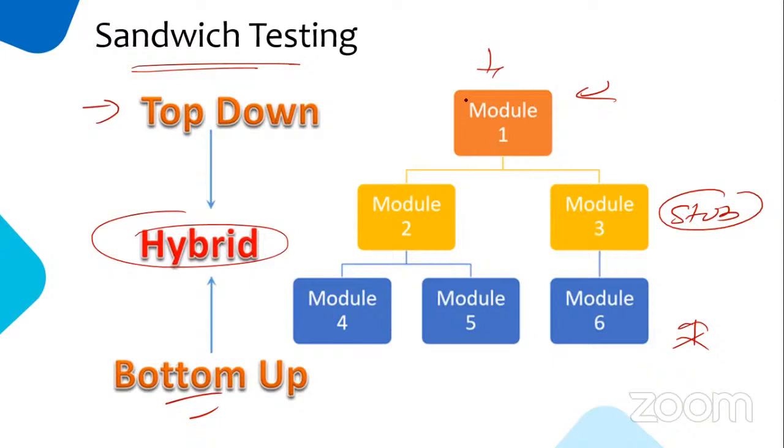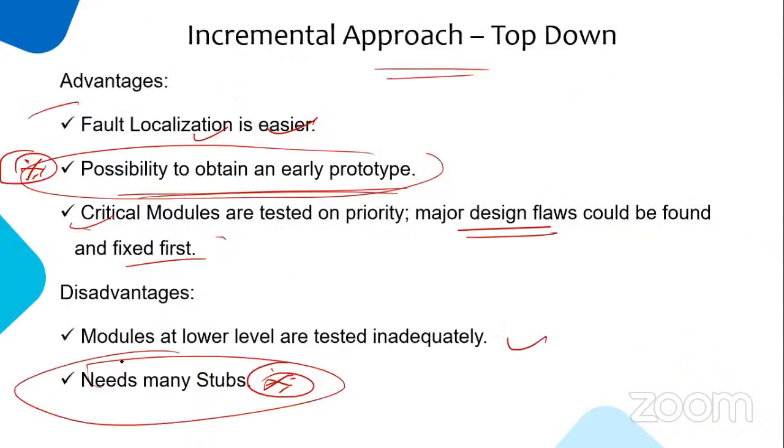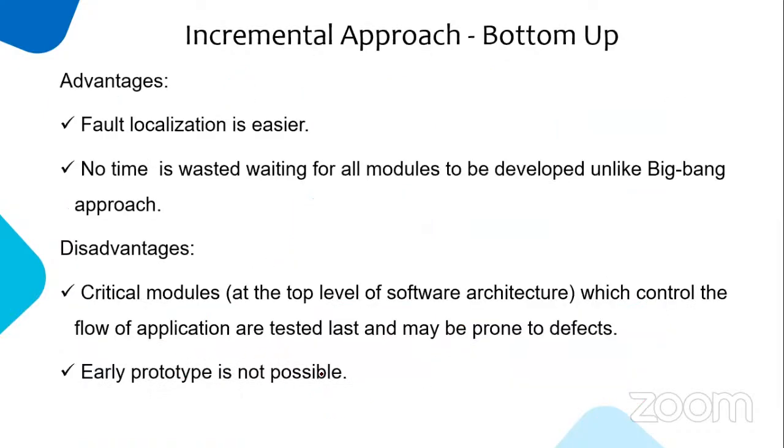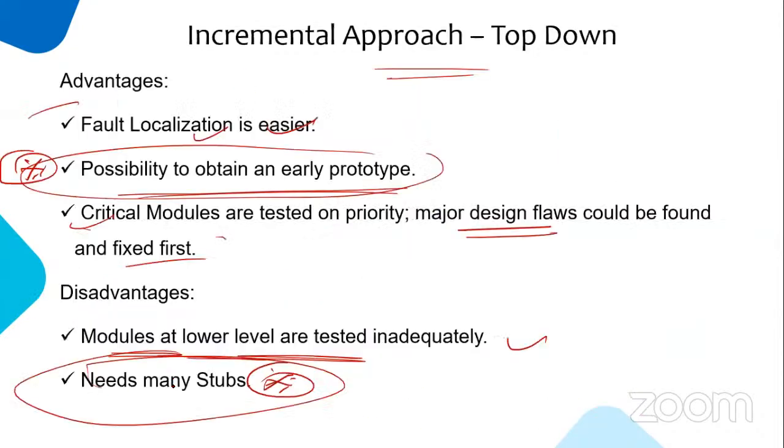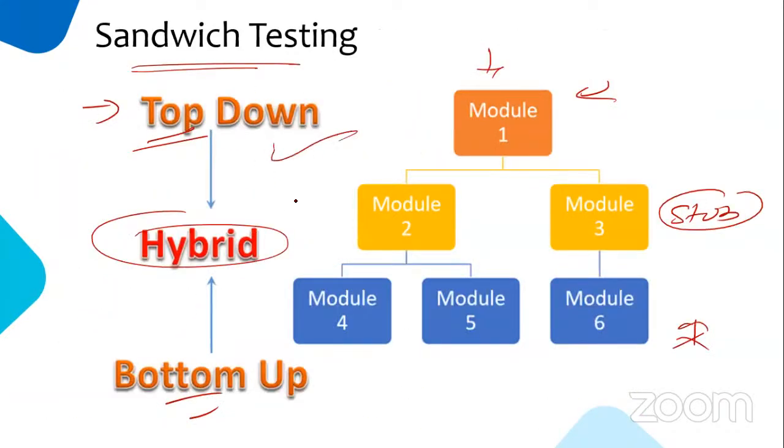The advantage is that we get the advantage of everything. Modules at the lower level or the top level that were not tested will be covered, and a prototype is also possible, because in top-down the prototype is there.